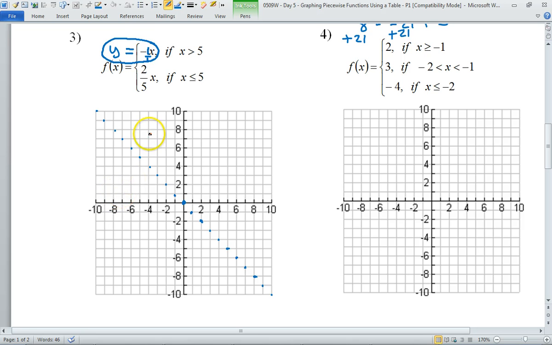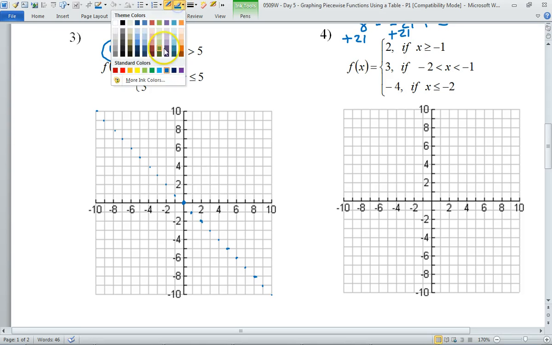Okay, those dots show me where the first branch lies. But I'm not going to draw in the entire branch, am I? What part of this line am I going to draw in? How do I know where to cut this off, you guys? 5. Yeah. All right, you guys are scaring me a little bit.